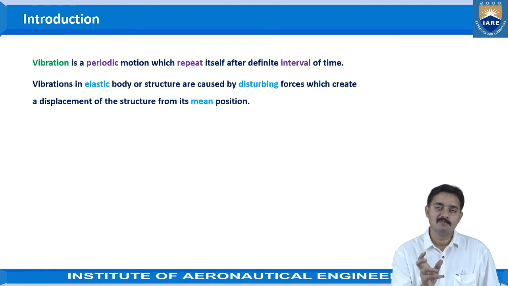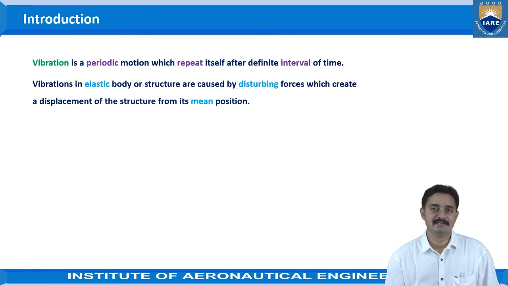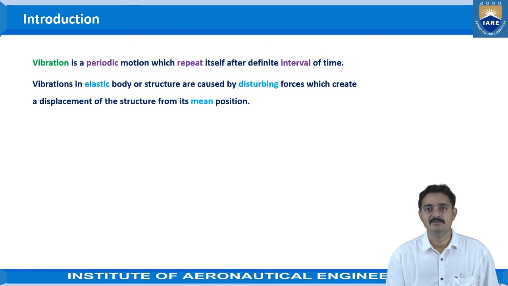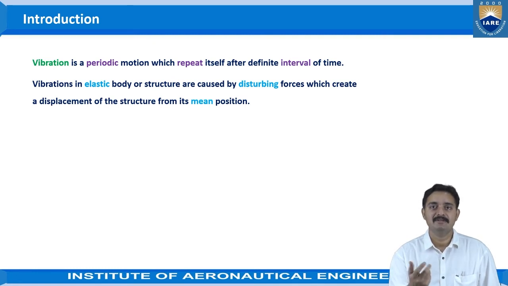So let us say the object is moving from the left hand side to the right hand side because of a certain force that is being applied. This force which makes the object move from its mean position, that is its central position, is termed the disturbing force.